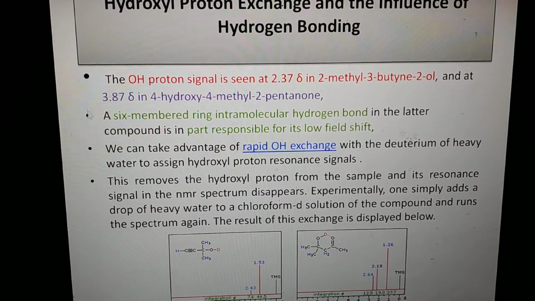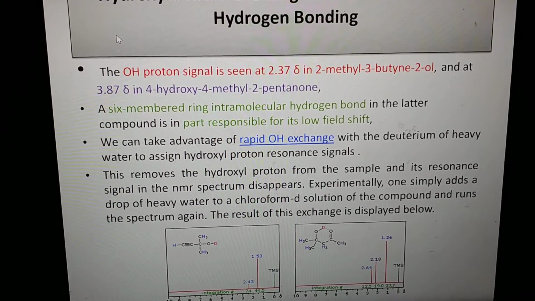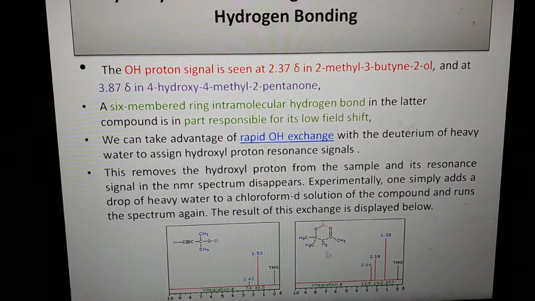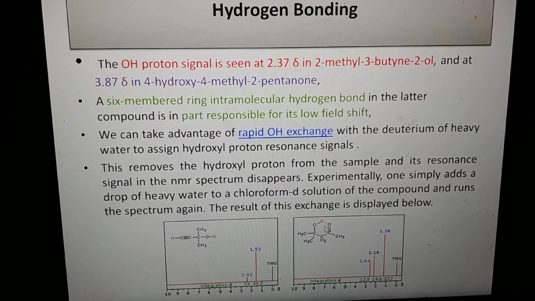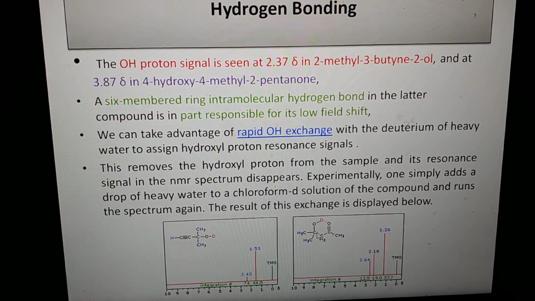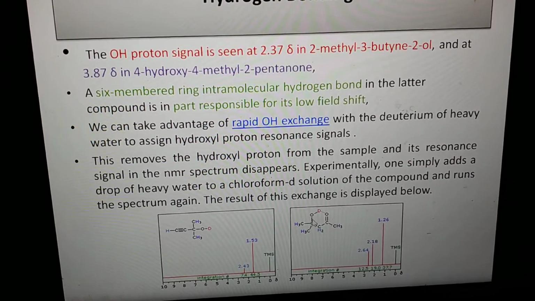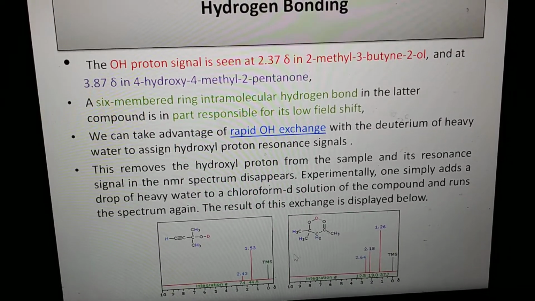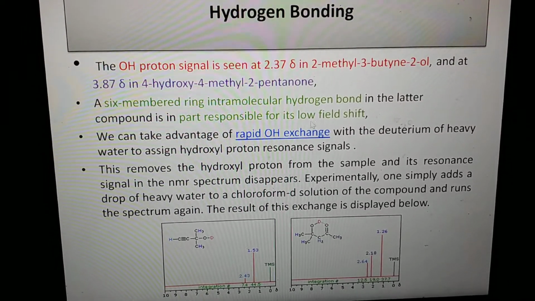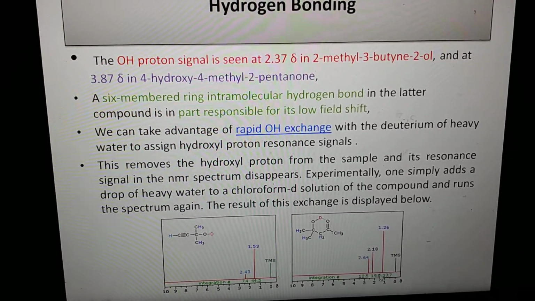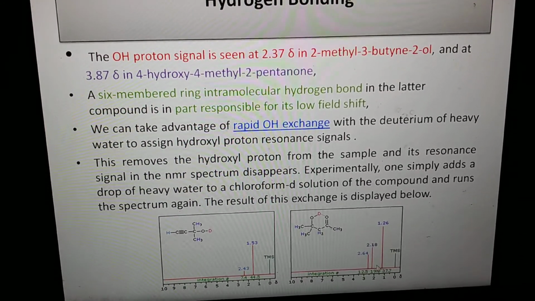One is the effect of hydrogen bonding on the chemical shift, which I have mentioned here. In this molecule, what happens is intramolecular hydrogen bonding. Due to intramolecular hydrogen bonding, your protons appear in a lower field shift, in the deshielded region.